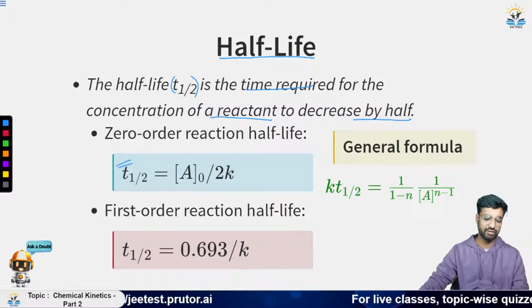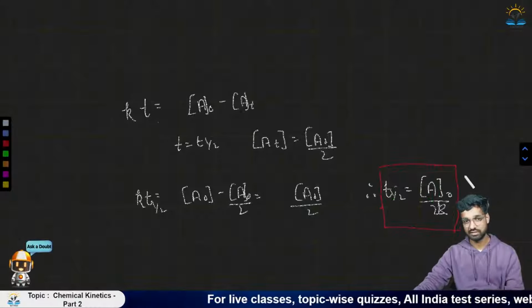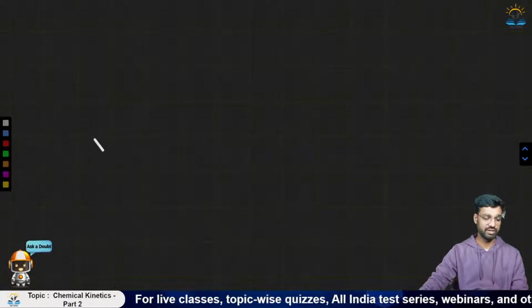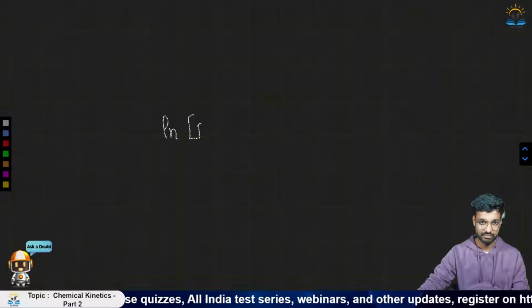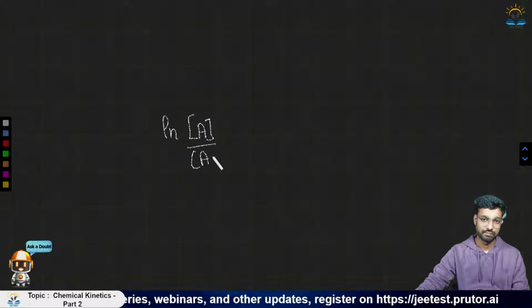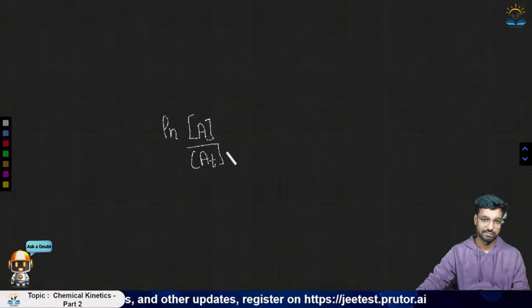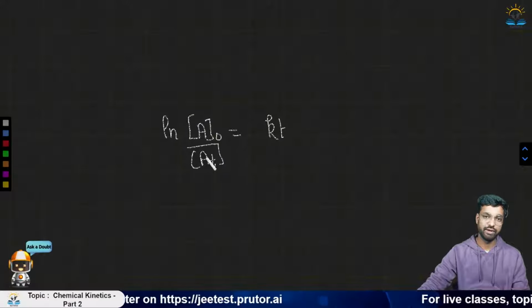Now next we have the first order reaction. If you remember, the first order reaction equation was like this, that is ln A naught by At equals kt.